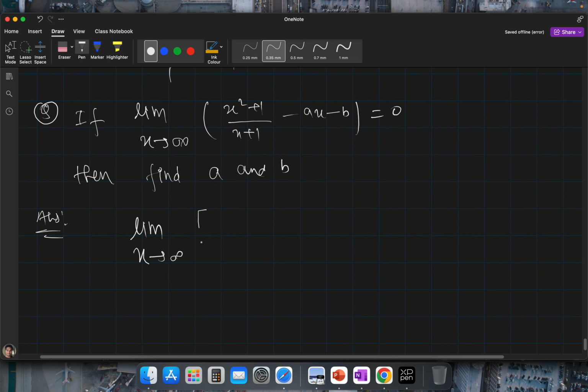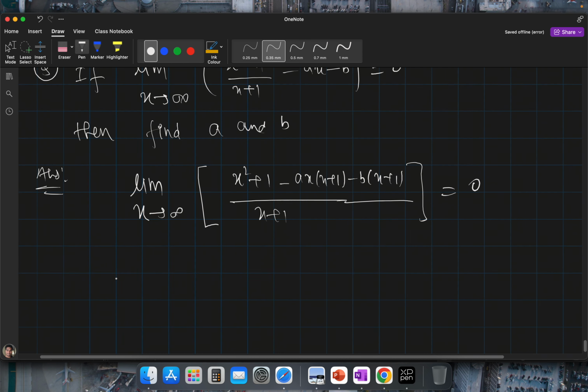use my fundamentals, and that is nothing but I will take the LCM, and here you can see that that will be x plus 1, x square plus 1 minus a x minus b. This is the equation, right?